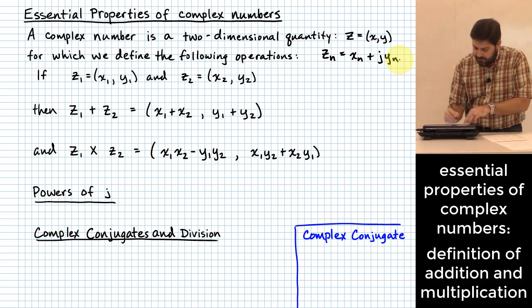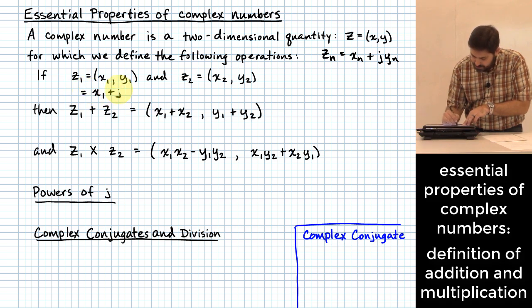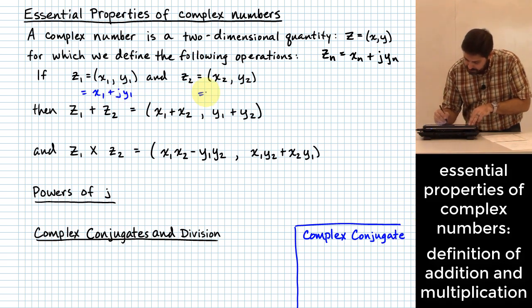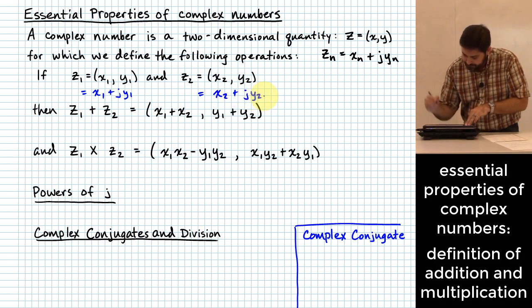Meaning that my first one here, z1 is just equal to x1 plus j y1, and z2 is really just equal to x2 plus j y2.